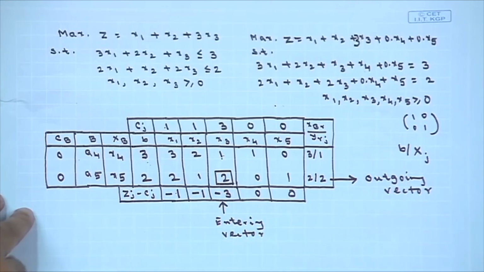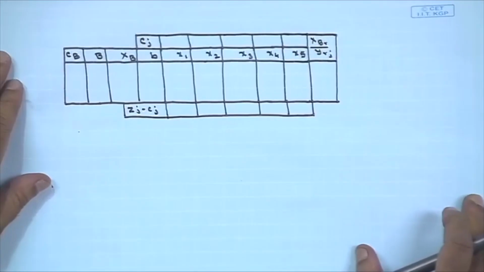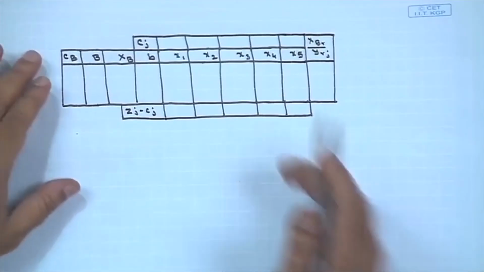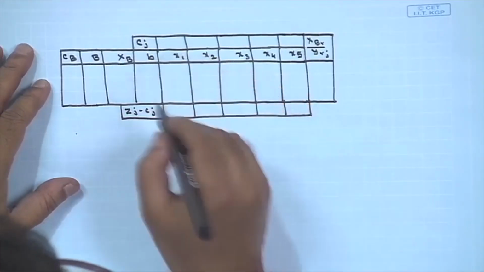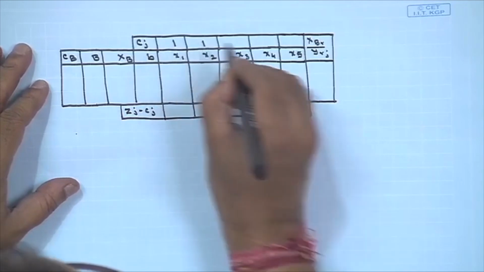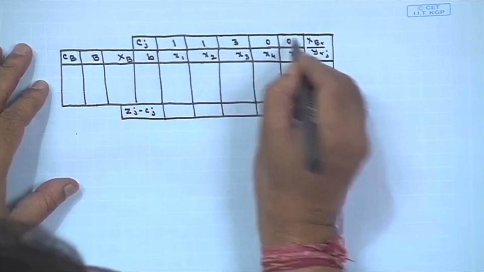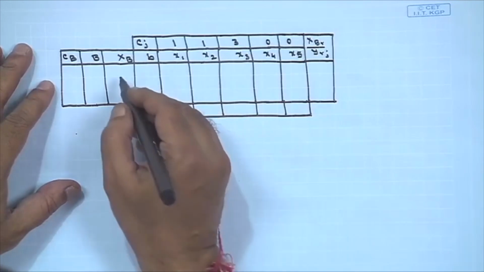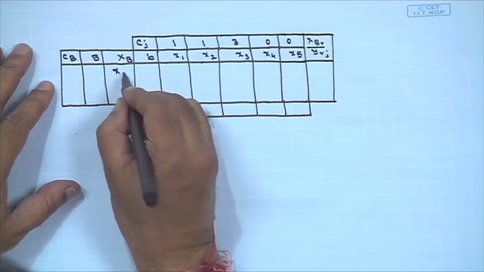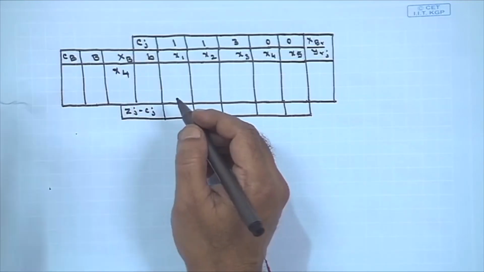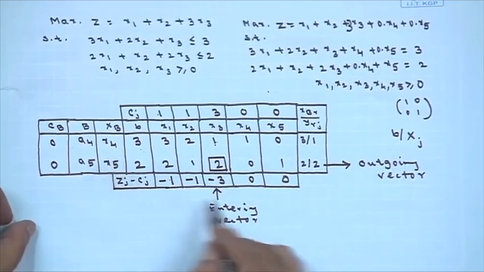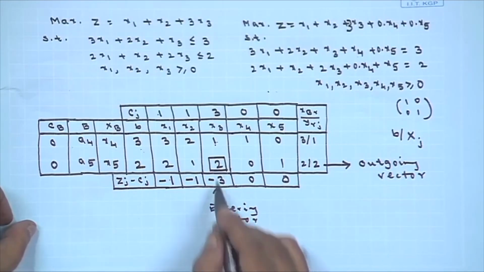So, in the next table what I will do is that firstly Cj values will remain same, that is 1 1 3 0 0. Your variables will be x 4 and since x 5 is going out, x 5 will be replaced by x 3 variable.